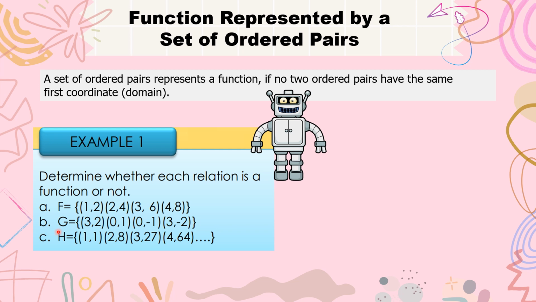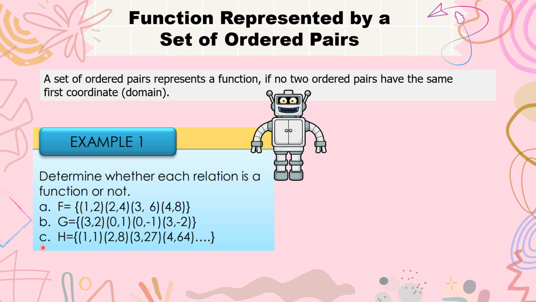Letter B, relation G. Let's check all the domain. 3, 0, 0, 3. As you can see, na-repeat ang ating 3. And so with 0. So since may na-repeat, it is no longer a function. It is not a function.